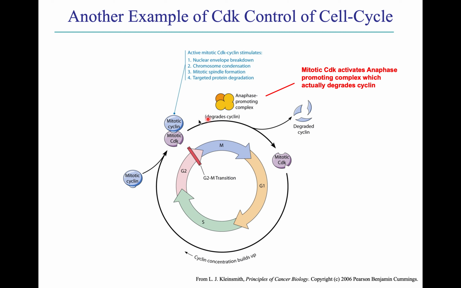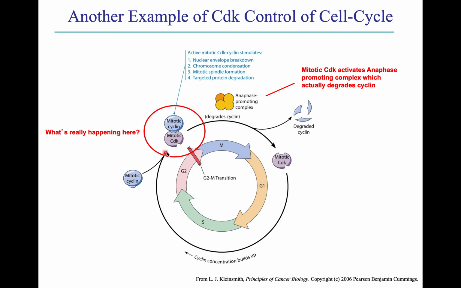It'll be degraded once the cells move past a checkpoint, and then we would have to produce new cyclin if we wanted to go through another round of cell division and get past that checkpoint again. And I should also point out there's lots of different flavors of cyclin and CDK, so it's not just one cyclin, one CDK. Different cyclins will pair with different CDKs to get past some of these different checkpoints.